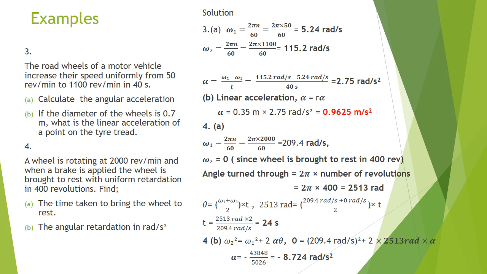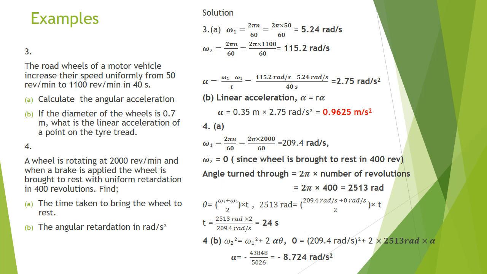Now for part B, we have the formula: final angular velocity squared is equal to initial angular velocity squared plus 2 times alpha times theta. Substituting the values, we're going to have 0 is equal to 209.4 rad per second, squared, plus 2 times 2513 rad times alpha.